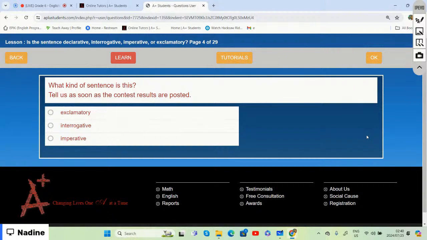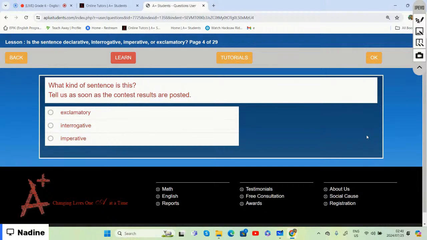So, which option is correct? So, what kind of sentence is it?